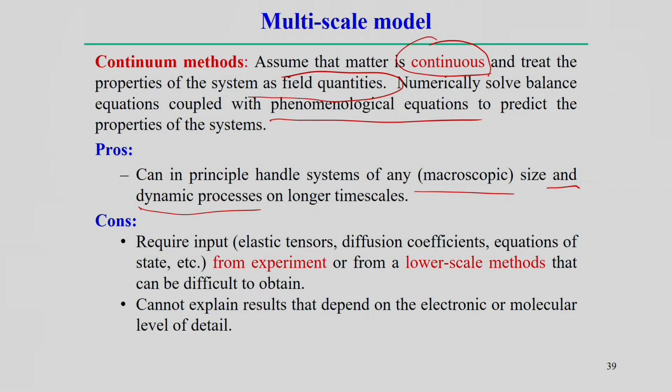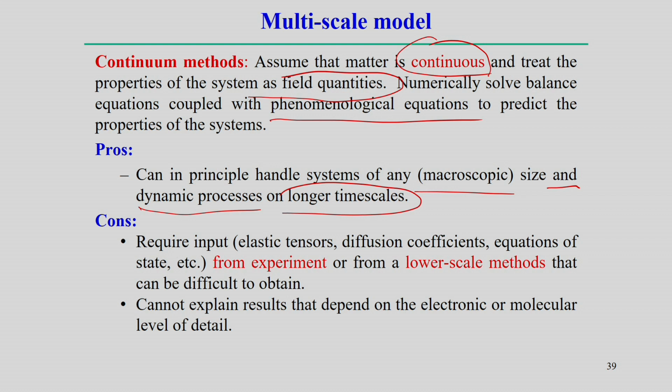For example, in an atomistic or molecular dynamics model the time scale is very small, so the relations are statistically valid over a very small time scale, but the continuum model can be valid for a longer time scale. That is the main advantage of continuum models.